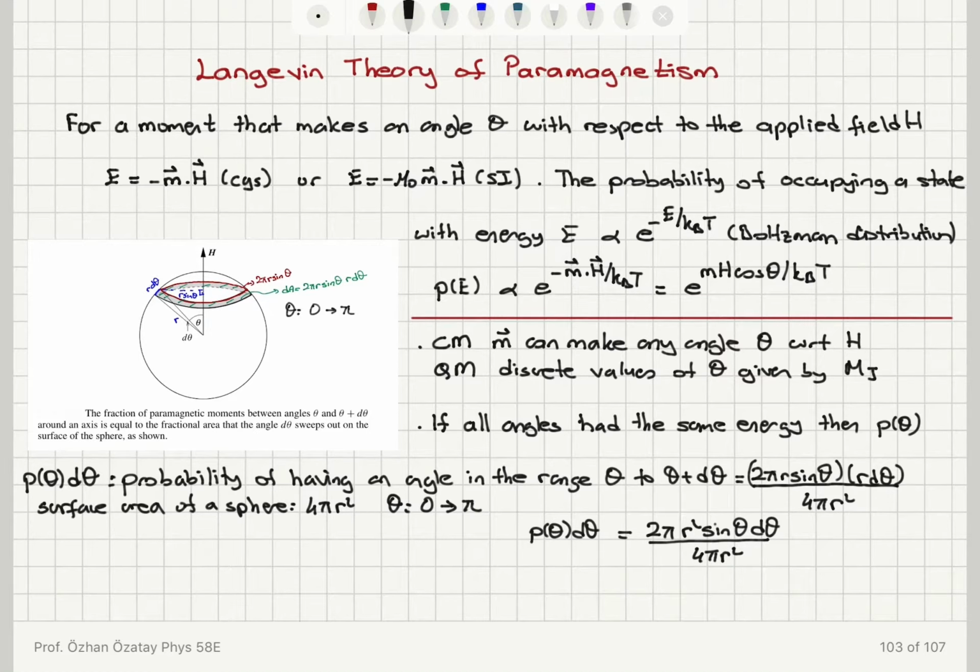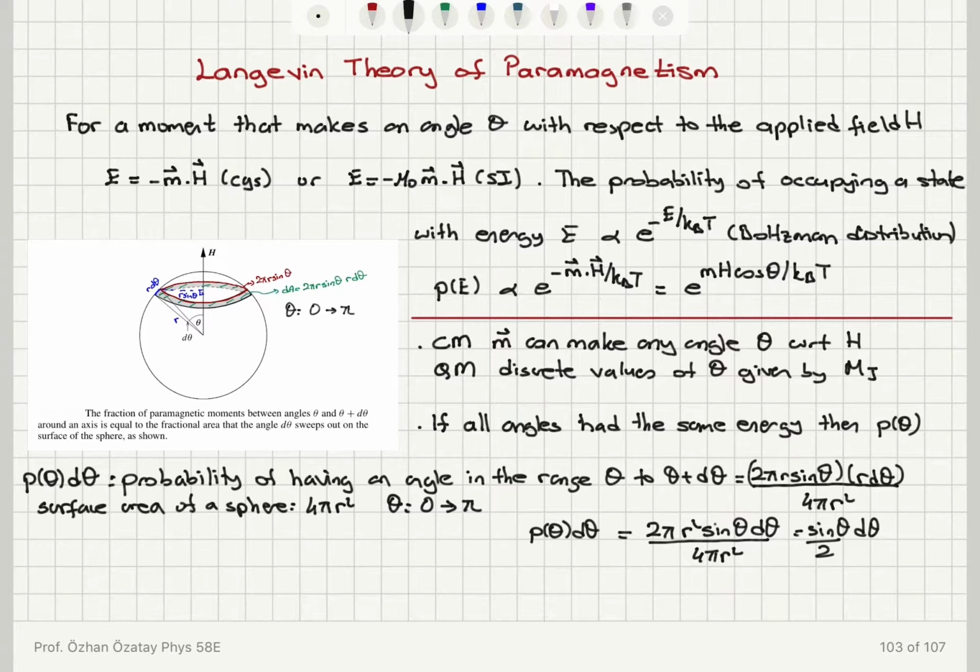Okay, so this would be the probability distribution. So it would actually give me at the end sine theta over 2 d theta.